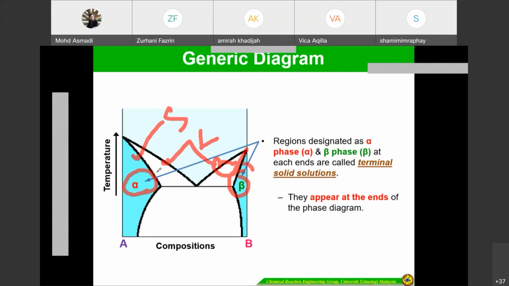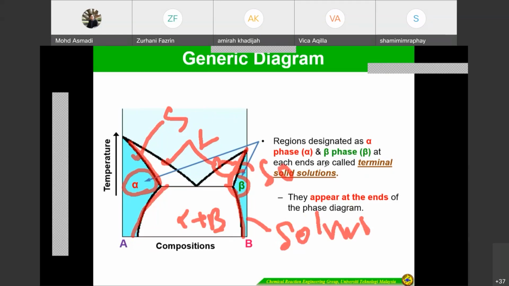And then this one is the solvus. This is the solvus, between alpha plus beta. This one is solidus. Liquidus.